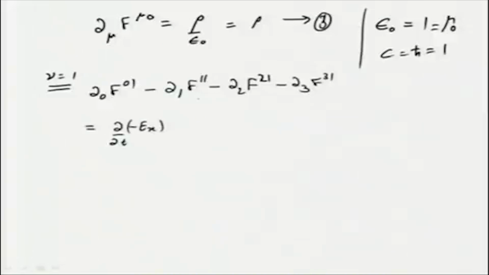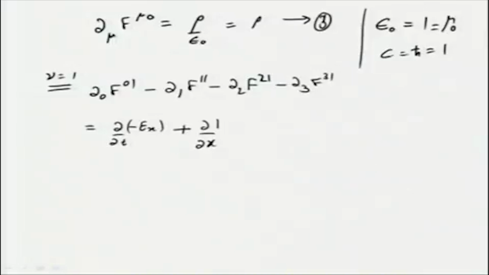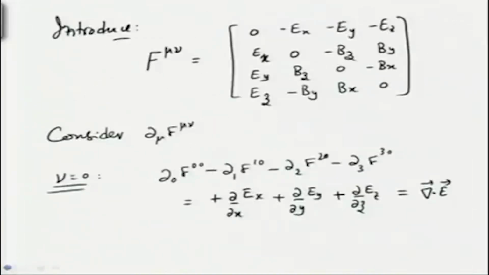F 1 1 is 0, but then minus dou by dou x with a minus sign, because it is a covariant derivative term. Then F 2 1 is B z with a positive sign, minus dou y. So dou z F 3 1 is minus B y.